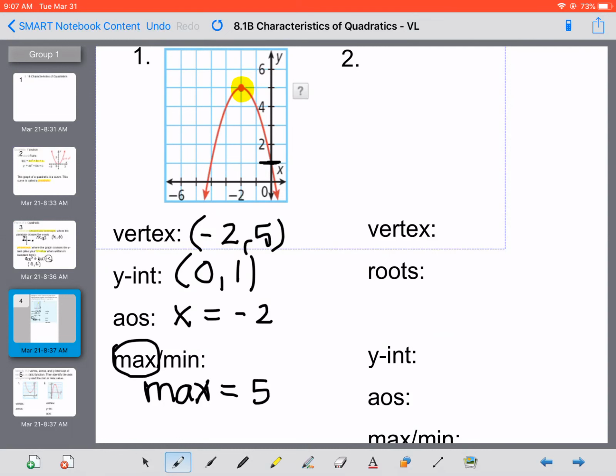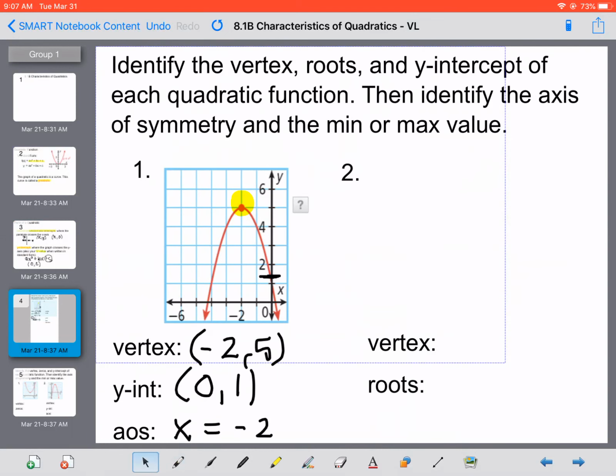Okay, our graph number 2, let me just sketch a graph here.